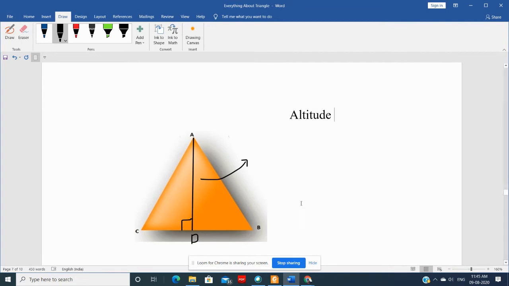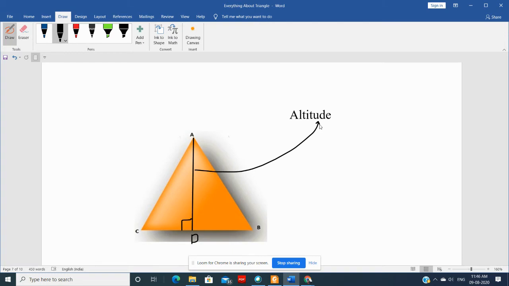So AD is your altitude. AD becomes your altitude. All right. So altitude is basically a perpendicular height of a triangle.